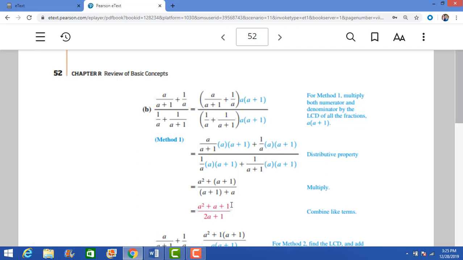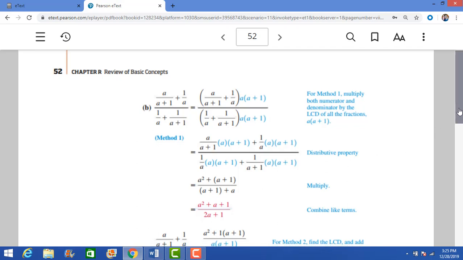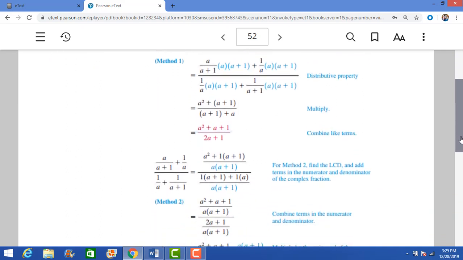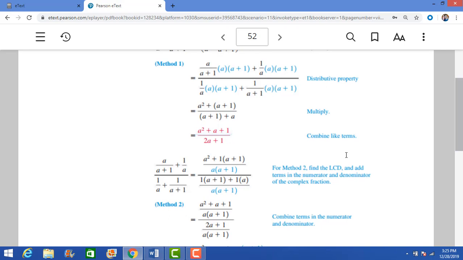Okay, now another method is to find the least common denominator and add terms in the numerator and denominator of the complex fraction. So here's what we started with.